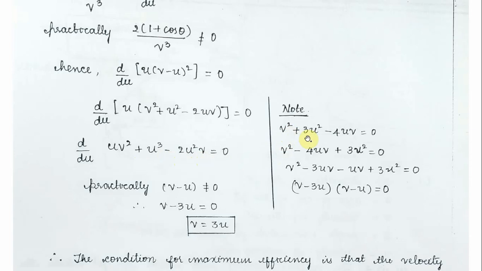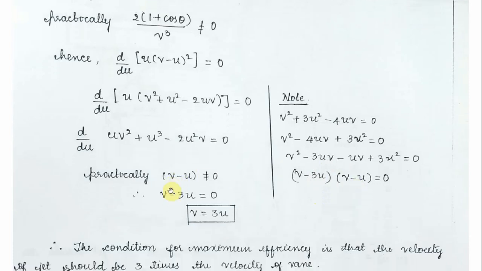So V squared plus 3U squared minus 4UV equals 0. Then we simplify into two factors: V squared minus 3UV minus UV plus 3U squared equals 0. So we get two values, V minus 3U and V minus U equal to 0.